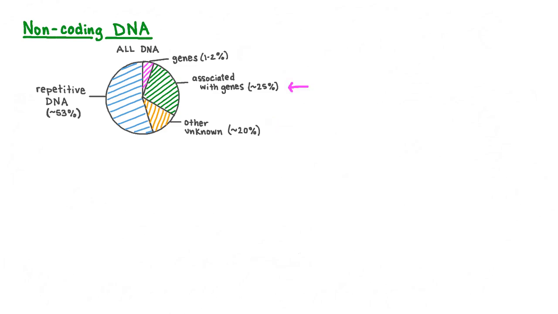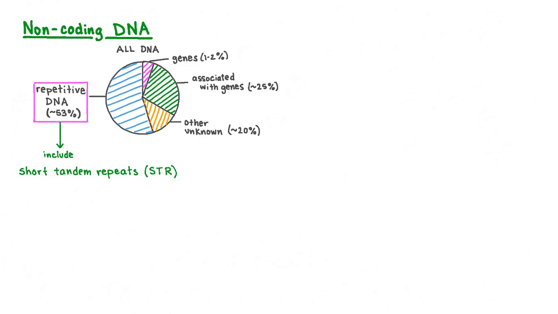We do know about 25% is associated with genes, for example, to help regulate the way that genes are expressed. The remaining 53% of DNA is made up of repetitive sequences. These regions of repetitions, found for example at the extremities or ends of chromosomes called telomeres, can play a protective role as part of the DNA.